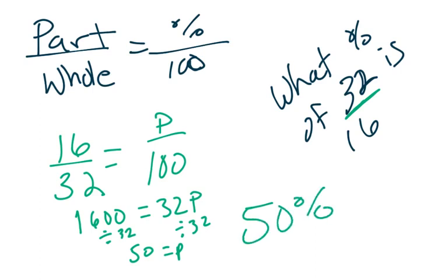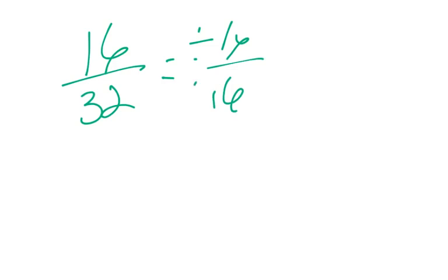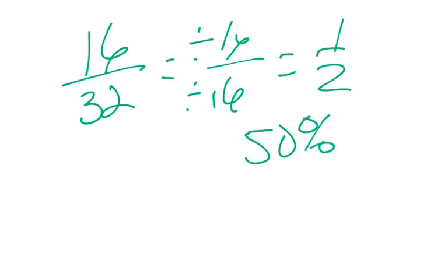Now the other thing I could have done is taken 16 over 32. If I reduce that to simplest form, I'm going to divide by 16 over 16, right? And I'll get 1/2. 1/2 is 50%. Or in my calculator, I can take 16 divided by 32.